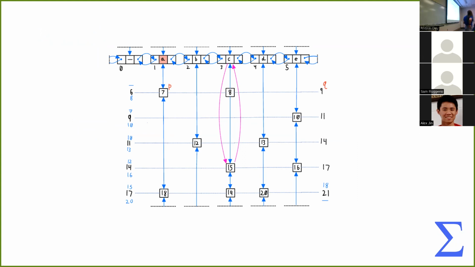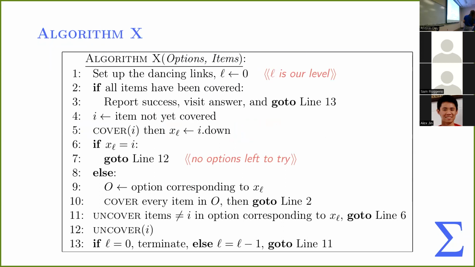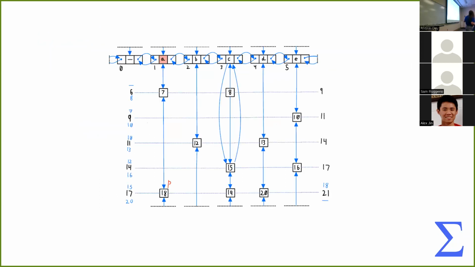Because we're covering A with 7, that means we're also covering C, which means we're going to need to remove 8, and also we need to remove the list of 8, and then we also need to remove the 15. Or I may be mixing this up, but it will make sense.